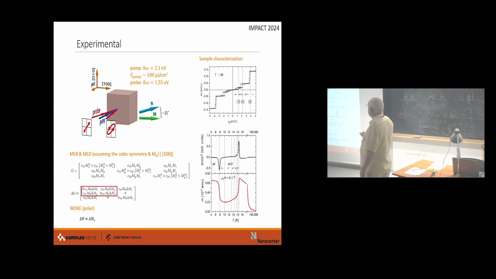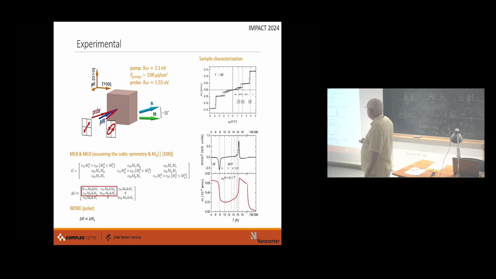If we just take a look at the symmetries, we can see that we can have two main contributions. One is polar Kerr, which might not be linear because this is weakly tetragonal.